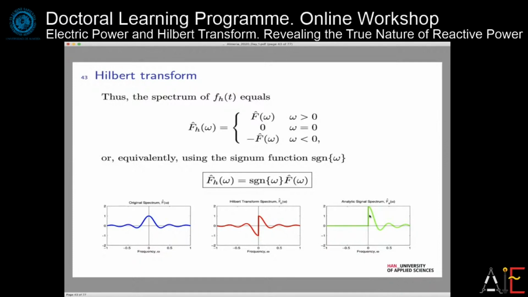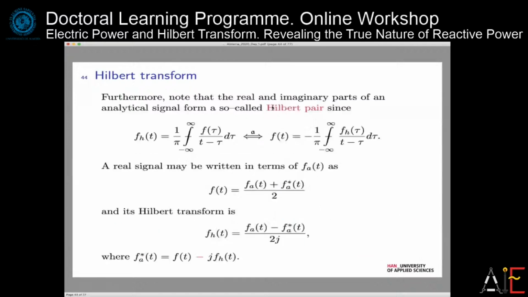What is also interesting to note is that the real and imaginary parts of a Hilbert pair, and that's a very nice observation, and I think that many people don't know this, also applies to an impedance. So if I have an impedance Z, let's say R plus jX, right?